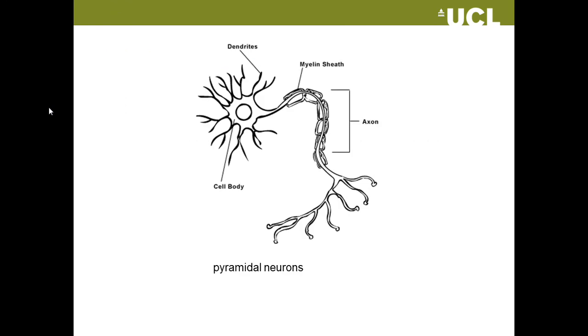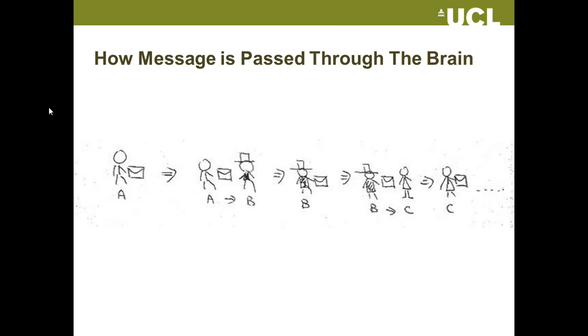So there are about 10 billion to 100 billion neuron cells in the human brain, and the majority of them are pyramidal neuron cells. What we are interested in is how messages pass through the brain. So I drew a diagram to illustrate that.